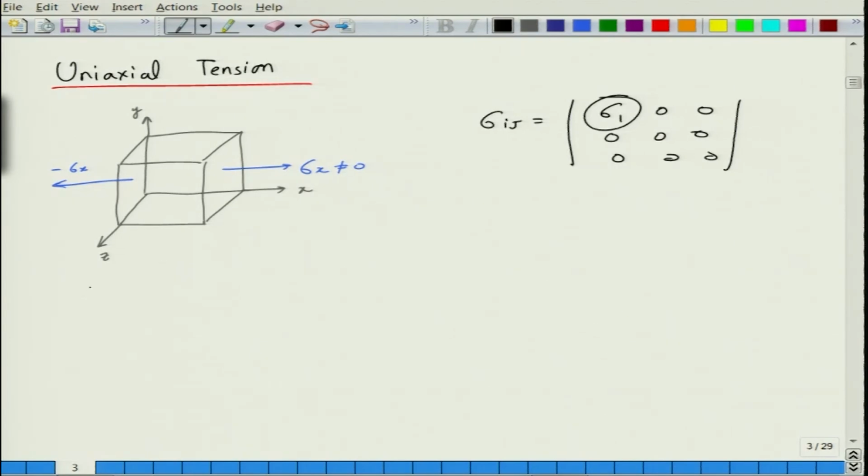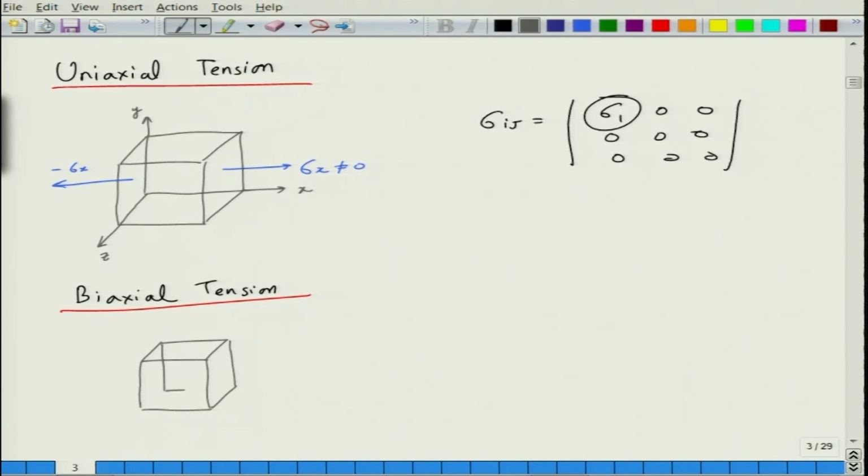You can have biaxial tension, and biaxial tension basically implies that you have a sample, so the stress states, so if this is x, this is y, this is z.